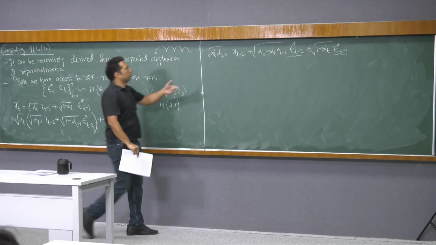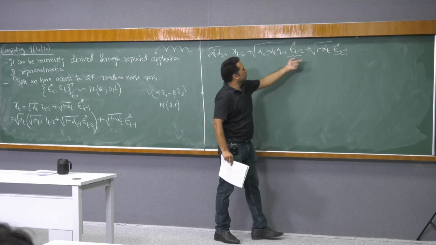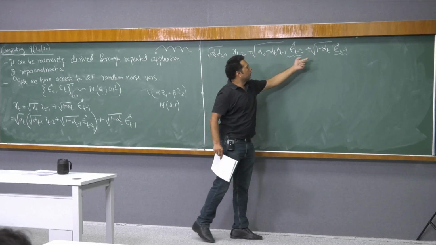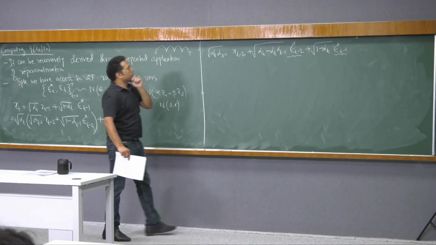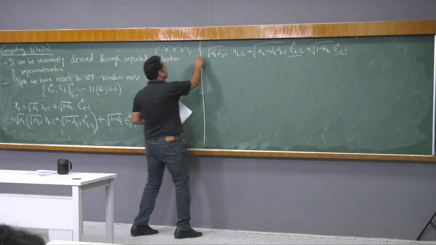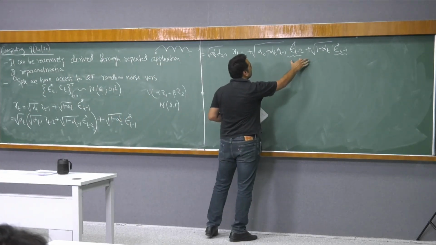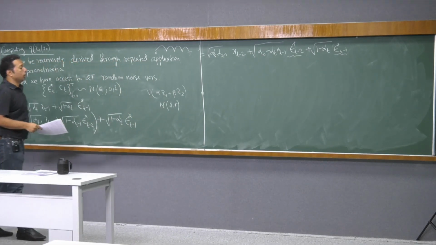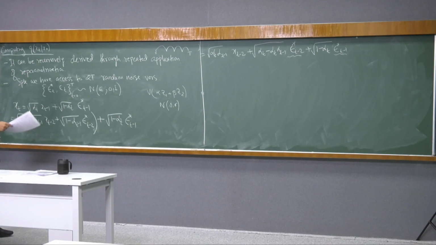The variance is the square of the standard deviation, so this squared plus this squared, and then we take the square root again to denote the standard deviation. What we observe is that these terms can be combined into a normal distribution with mean still 0.